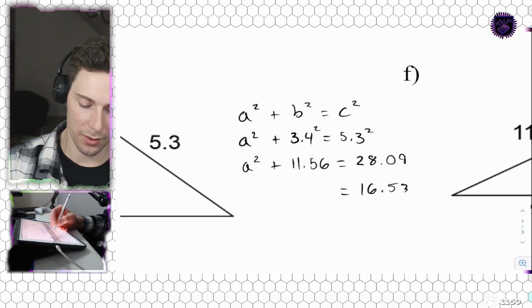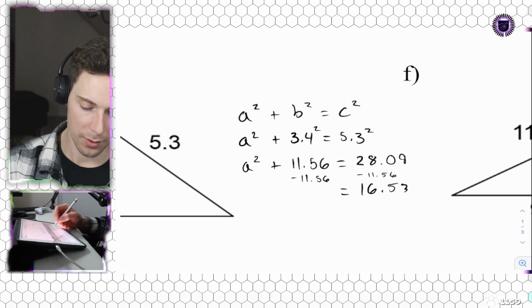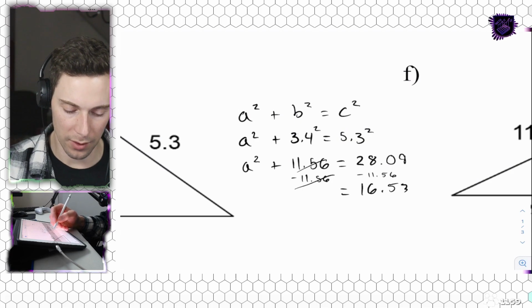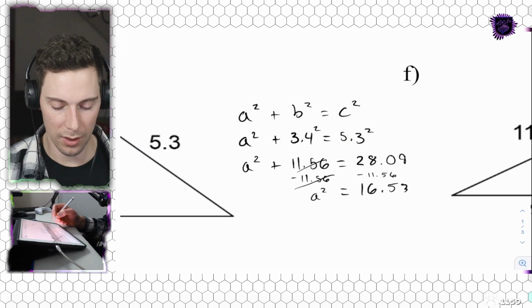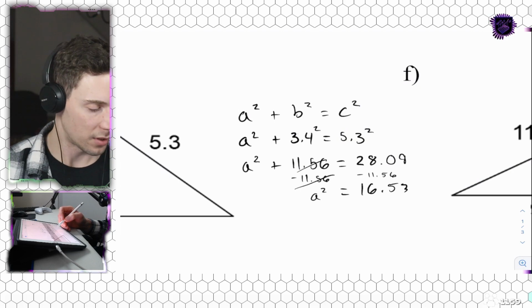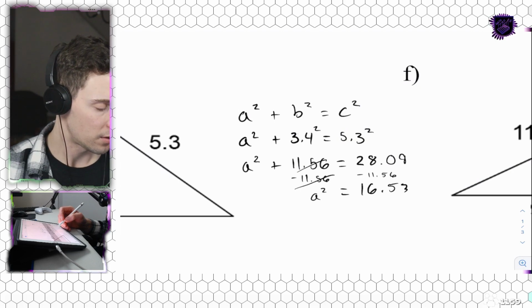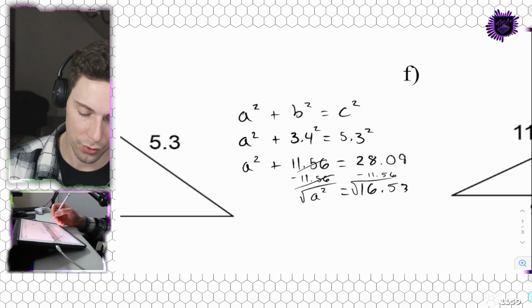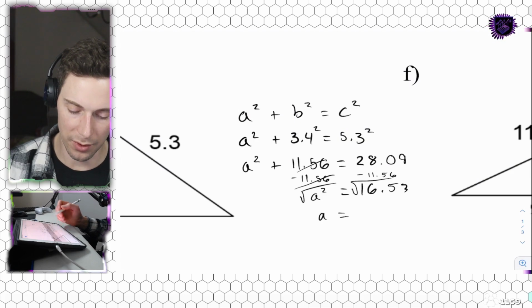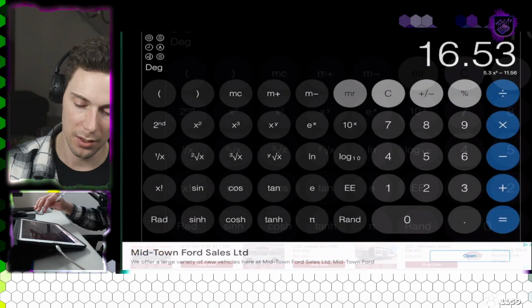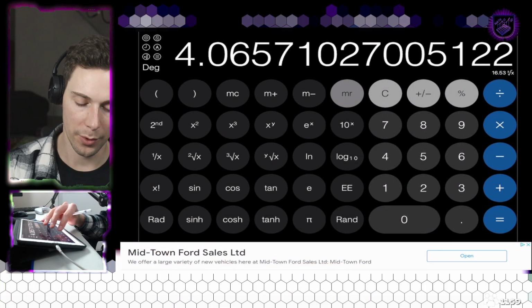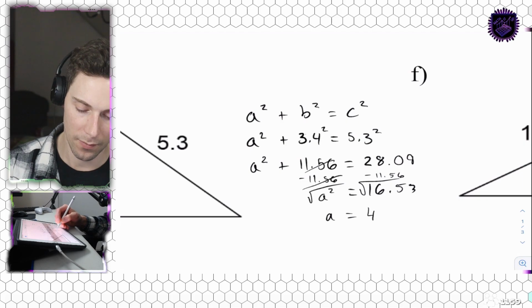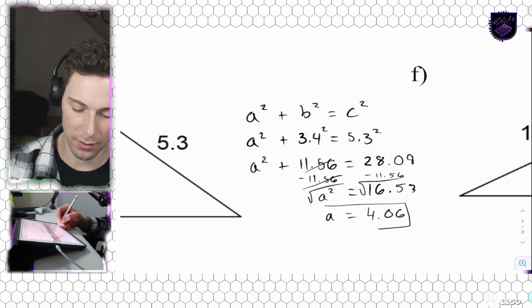All right, so I'm going to go minus 11.56 on both sides, and I'm going to cross that out, and I'm going to say A squared is equal to 16.53. I'm going to find my square root here, and A will be equal to the square root of 16.53, which is 4.06. 4.06 is our answer.